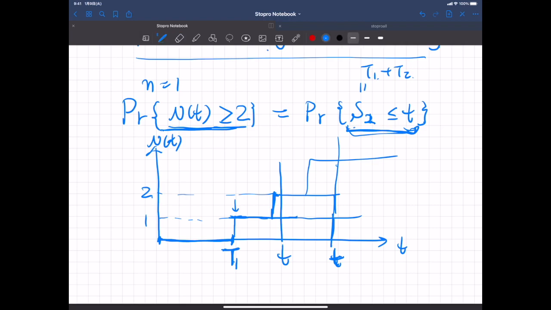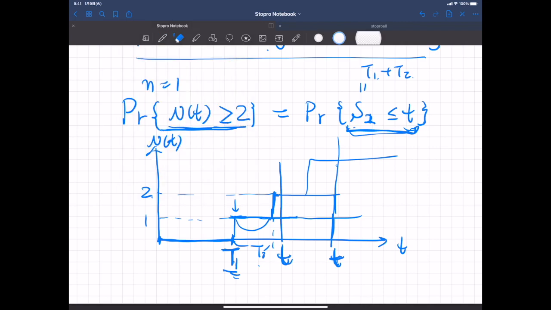And this t1 and this t2, this summation is less than or equal to this given value t. So this applies to any value.